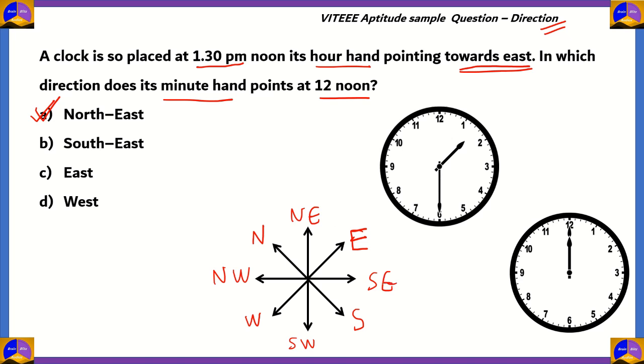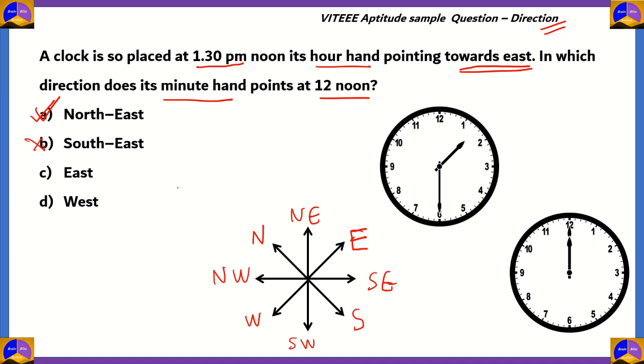If we look at the other options, option B, southeast, would mean that the minute hand would point here. That means it will be 12:15 instead of 12 o'clock. So that's incorrect. If we were looking at east, then the minute hand will be pointing in a direction between 1 and 2. That means between 5 and 10 minutes, so that's approximately 12:07.